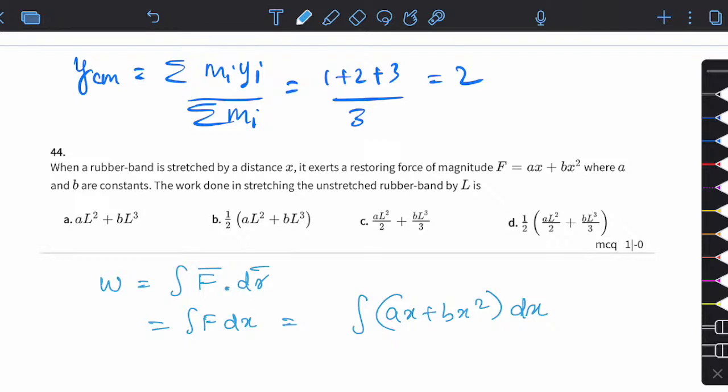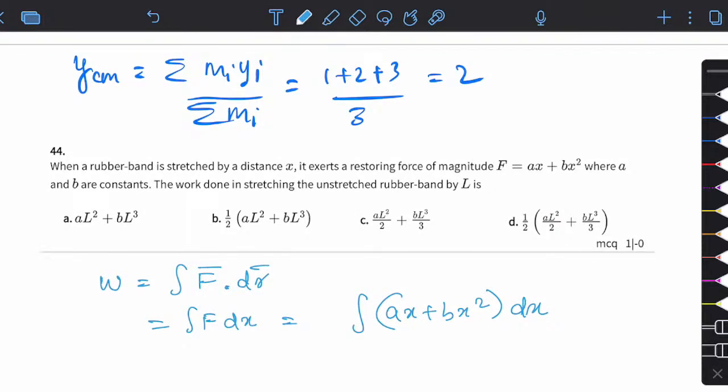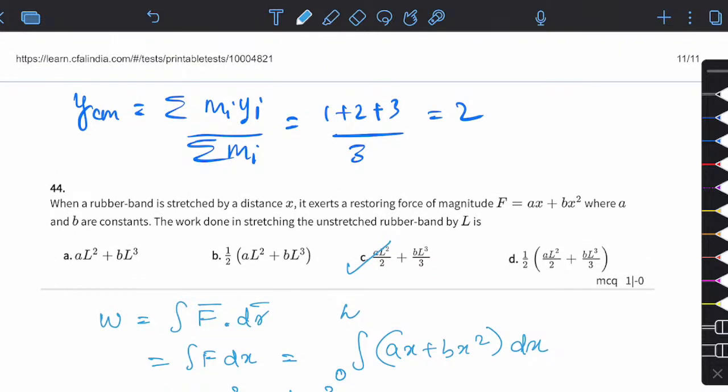This unstretched rubber band we are stretching by L, so x is going from 0 to L. It's just a straightforward integral. You get AL square by 2 plus BL cube by 3. Just integrating. So the answer is C. Next.